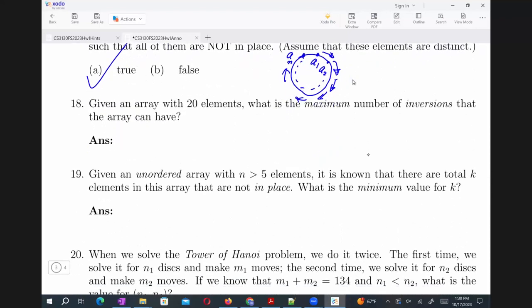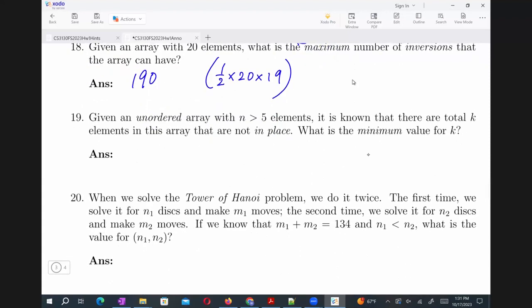Number 18, an easy question. Almost all of you got this one. 1/2 times 20 times 19. Number 19, the minimum value is 2, but a few students gave me 1. You need to look at how it can happen if only one element is not in place.